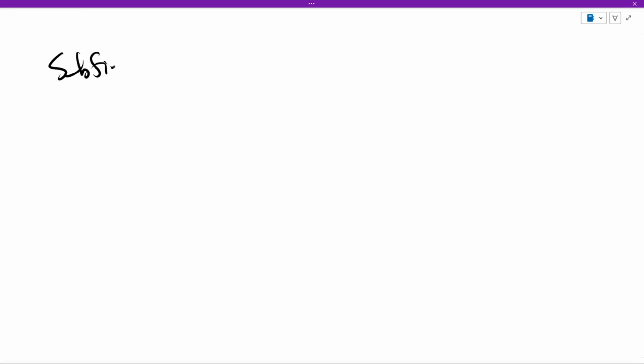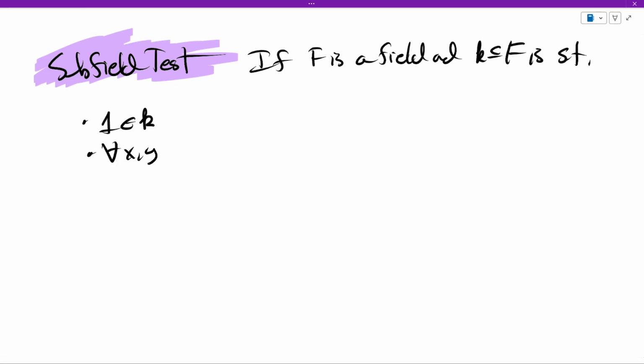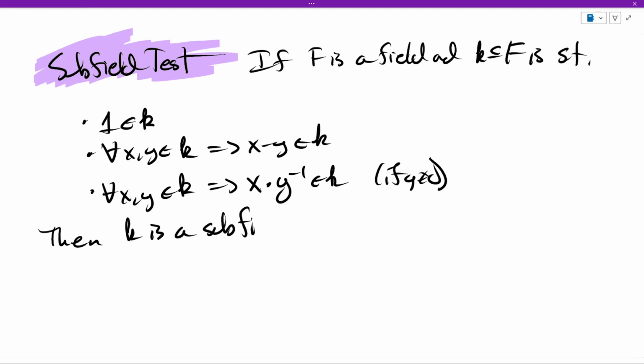Now, there's a similar test, which is called the subfield test, which we might as well do while we're here. It says if F is a field and K, a subset of F, is a subset such that 1 is in K, for all x, y in K, x minus y is in K, and for all x, y in K, x times y inverse is in K, if y is not 0, then K is a subfield of F. Let's just do this one real quick.